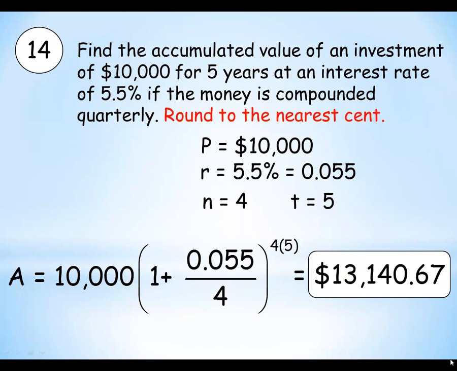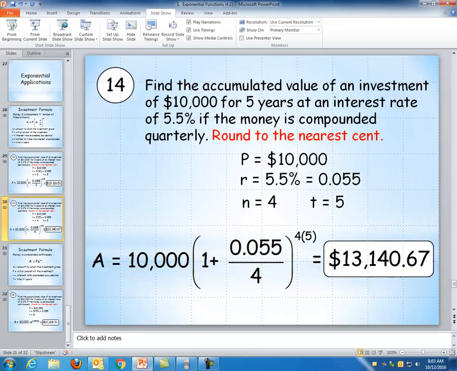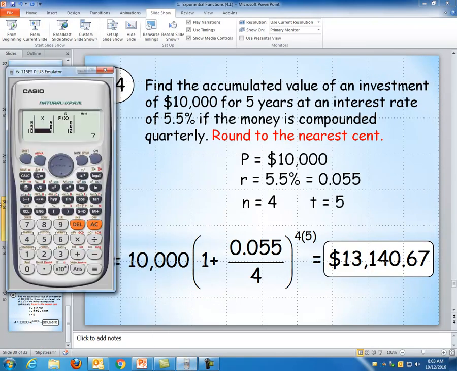I'd like to demonstrate this on the calculator to make a point about how to use your calculator efficiently. So we'll go back to mode 1, or you could go to mode 2 either, and I will type in 10,000, then parentheses, 1 plus the fraction 0.055 over 4, and arrow to the side, close parentheses, click on x to the box, and type in 4 times 5, or you could just call it 20.